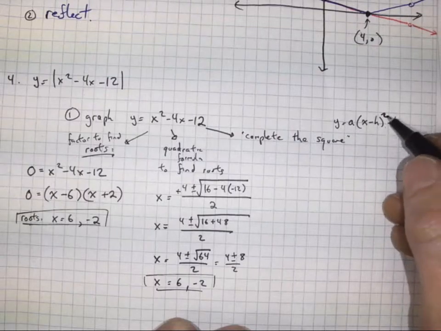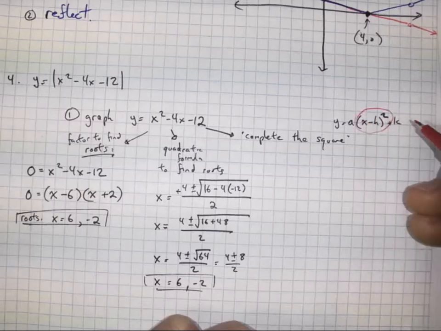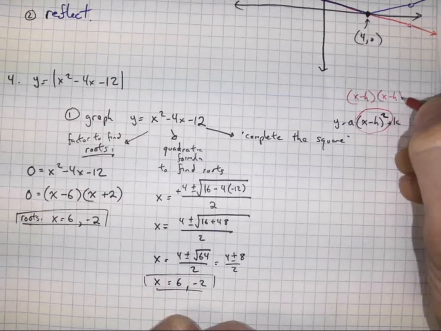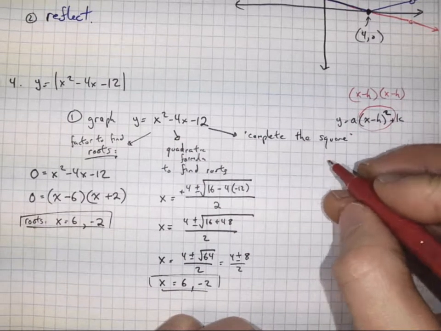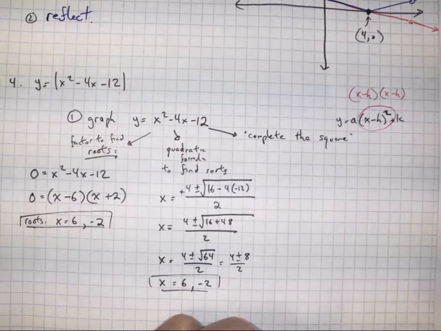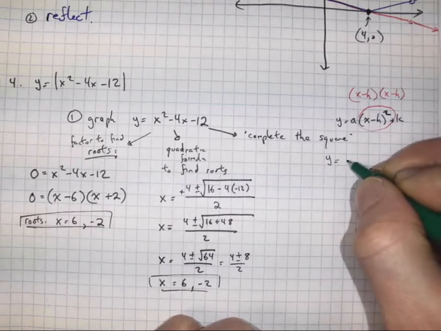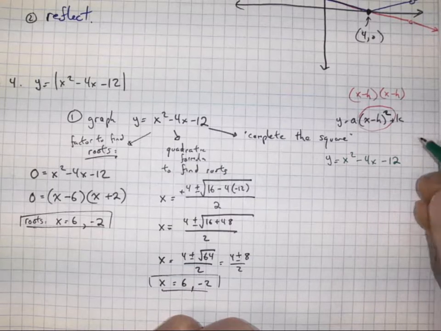So the nature of this vertex form of a parabola is to say that we have this thing, which is a perfect square trinomial. And so I have to rewrite this so that I can have a perfect square trinomial I can factor. So I've got y equals x squared minus 4x minus 12.